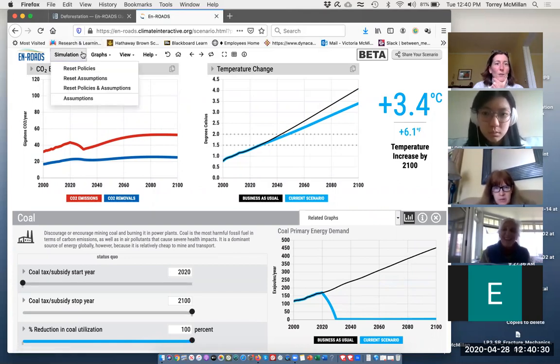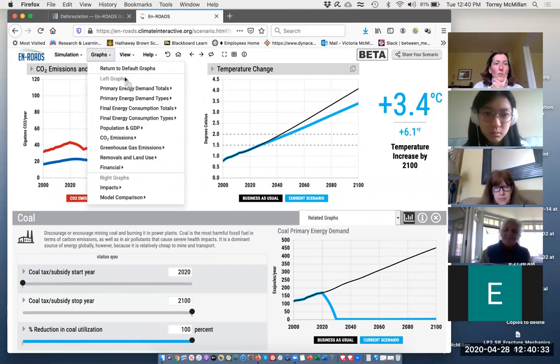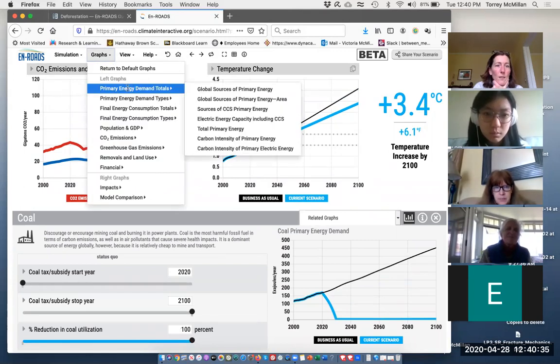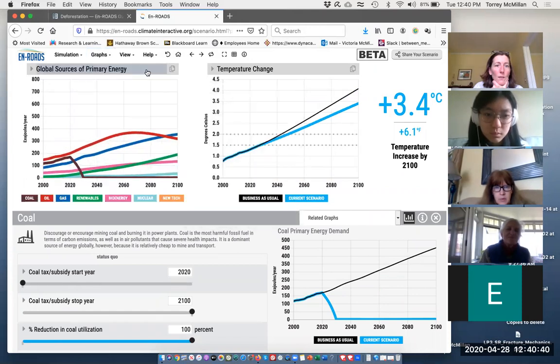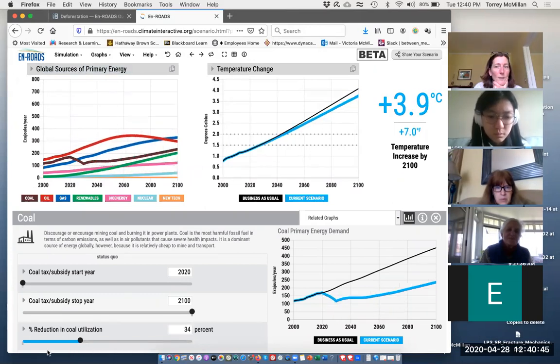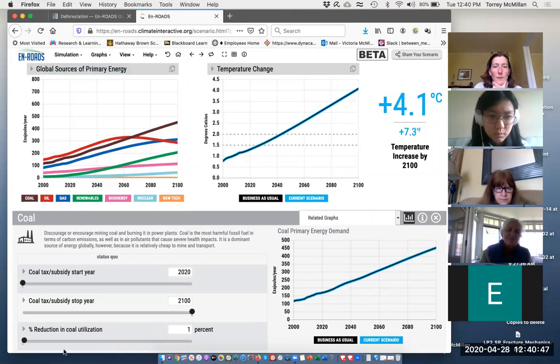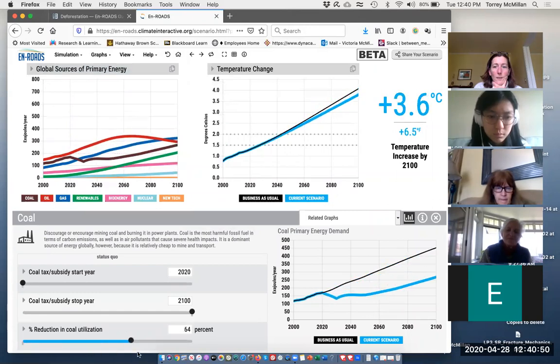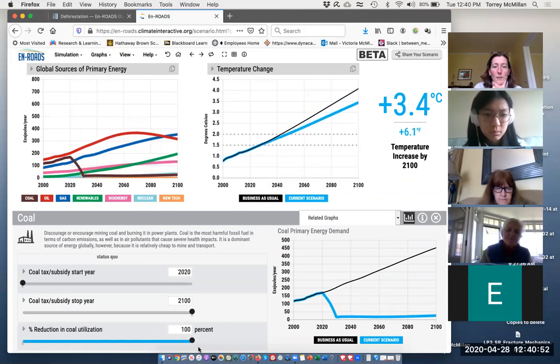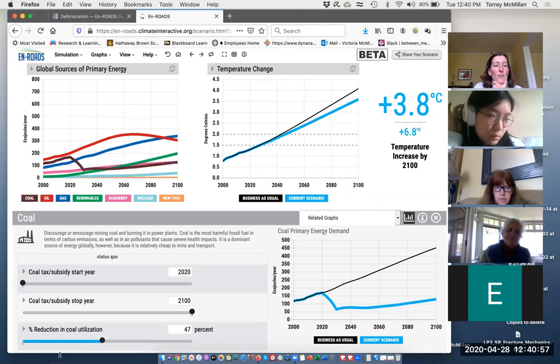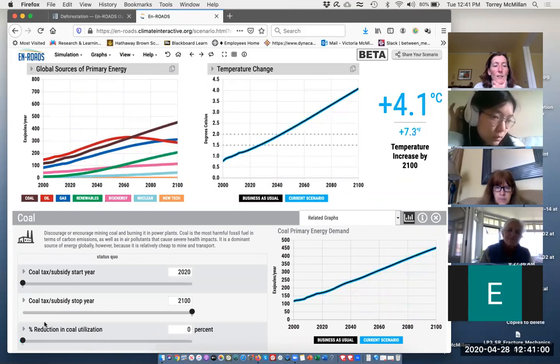Let's see, I'm going to go back to the energy graphs we were looking at the beginning. There we go. I'm curious if we were to do it, instead of just mandating it, if we did it through an economic policy, what happens?